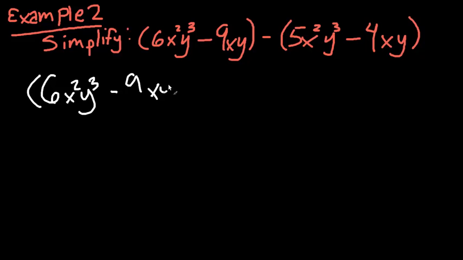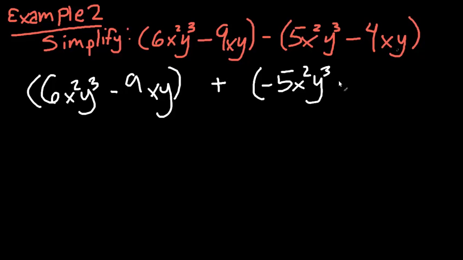Alright, so we've got our left side and that plus sign I was talking about. Okay, and the opposite is going to be negative 5x squared y to the third. And the opposite of negative 4xy is positive 4xy. Okay, and we can go ahead and start grouping things together.